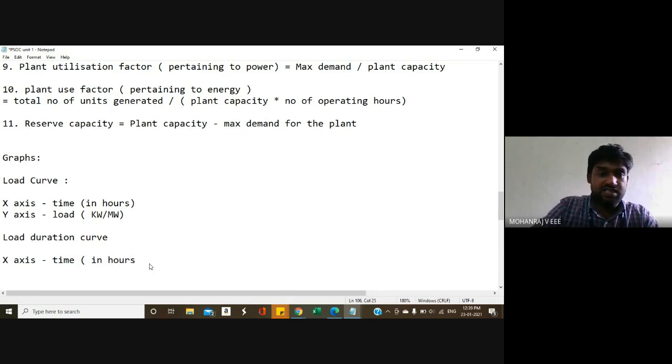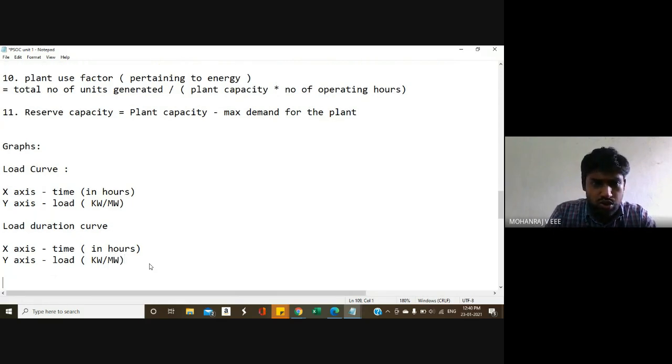The y-axis also has the load, so there you don't have any difference either. What is the actual difference between these two curves, the load curve and the load duration curve?